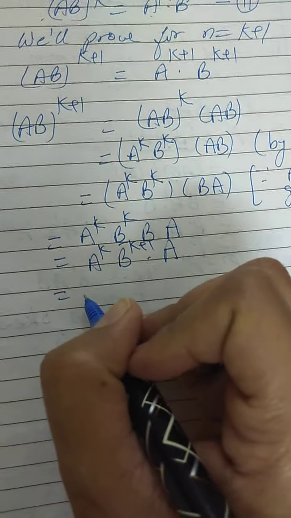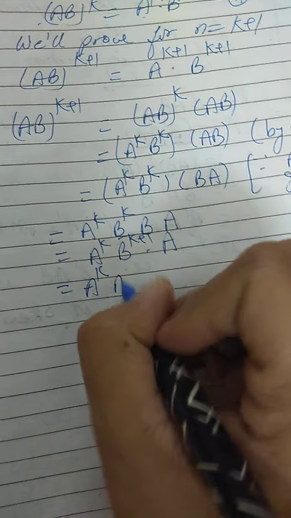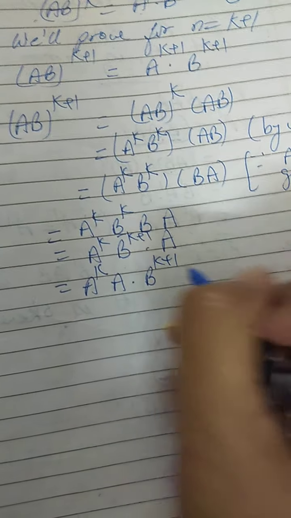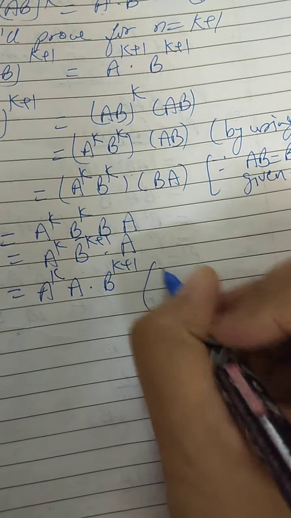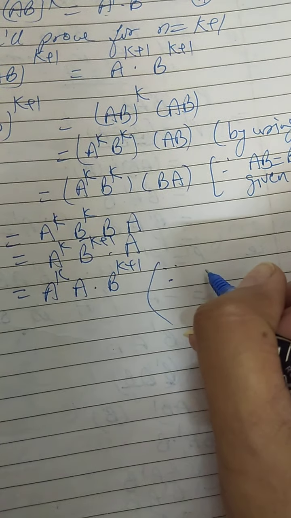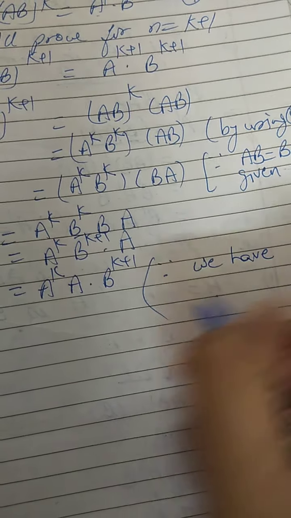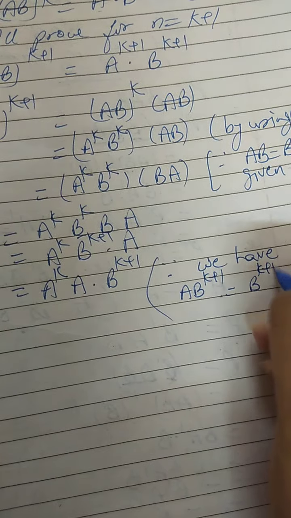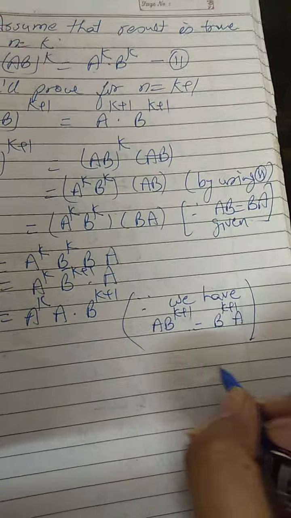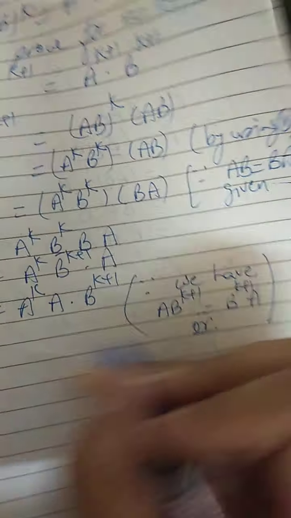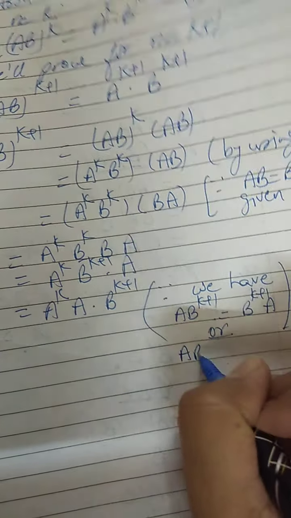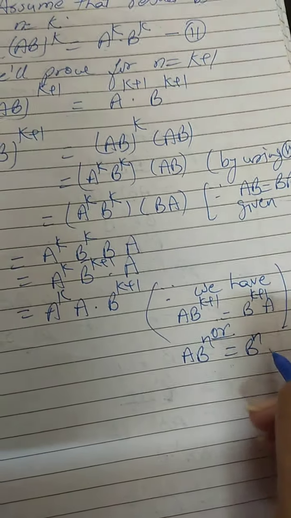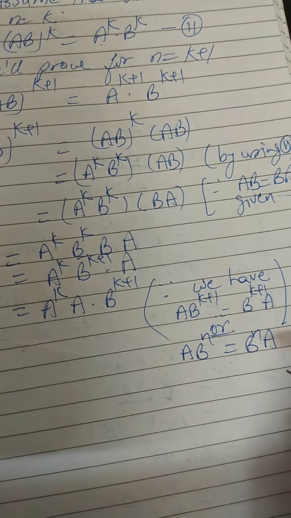So it will come then a raised to power k, a into b raised to power k plus 1, because we have a b raised to power k plus 1 is equal to b raised to power k plus 1 into a. You can mention this thing also, or if you want you can directly write down the result also. What was the first result that we have proved? ab power n is equal to b raised to power n into a.